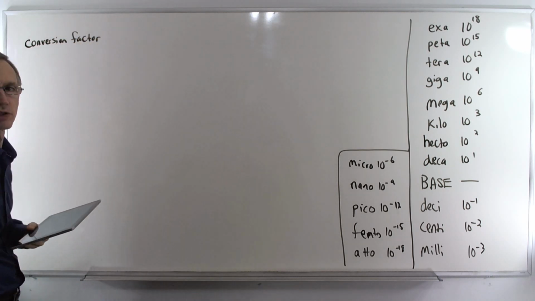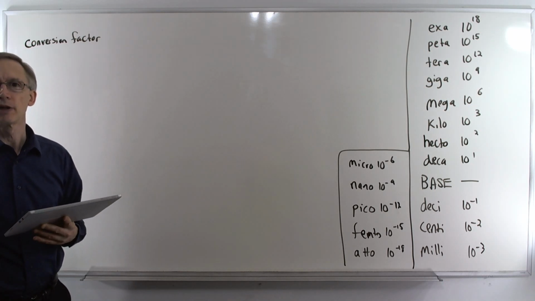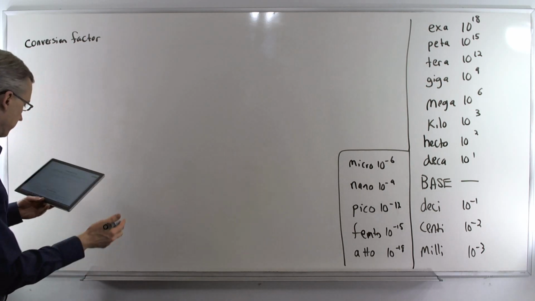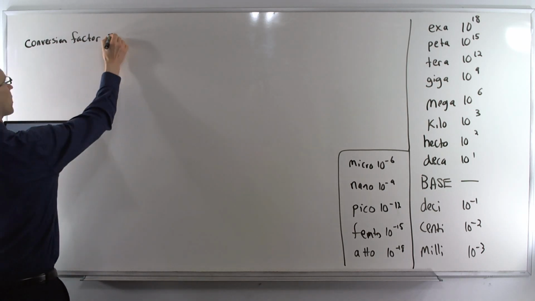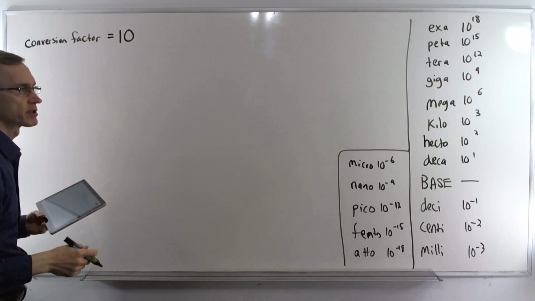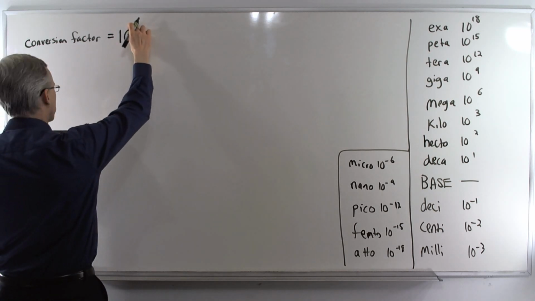To convert between units, we need what's known as a conversion factor. That is a number that you multiply the original units by to get the new units. We're always dealing with powers of 10 with the metric system, so we'll take a 10 and raise it to a certain power.